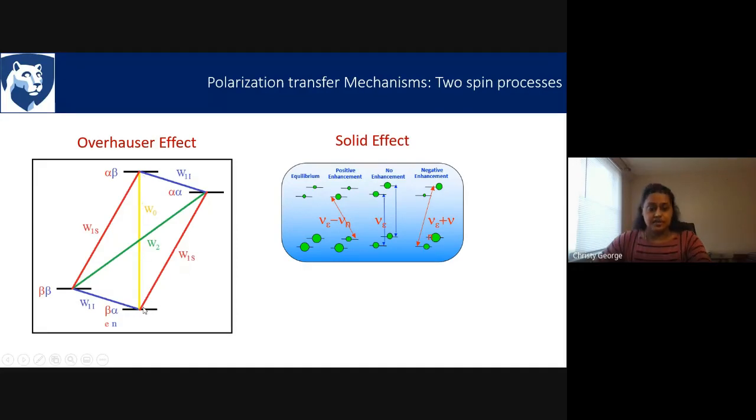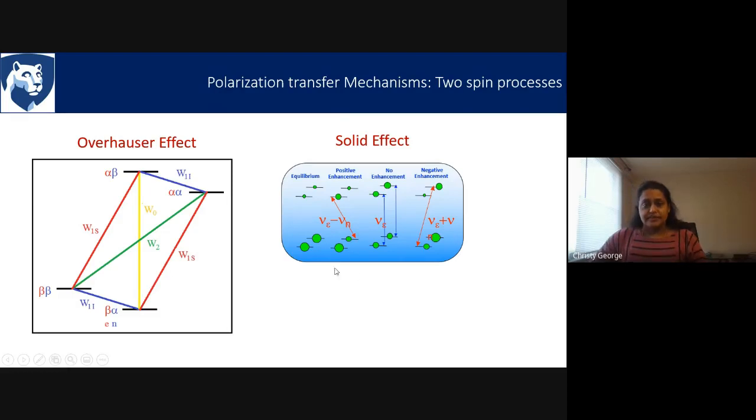Whereas if the 0 quantum transition leads to relaxation, then it will lead to a positive enhancement. Now, in reality, both these processes may be there in the system, and depending upon which one is the dominant mechanism, we may get a positive or a negative enhancement. And if we are terribly unlucky, it may happen that they cancel each other also.